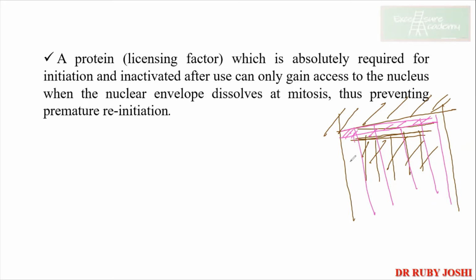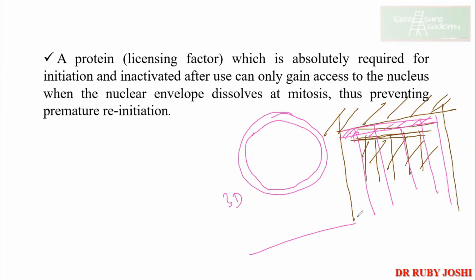तो same चीज, if I don't have lamins, what will happen to the nucleus? It's a 3D structure. If I don't have lamins all over around the nucleus, what will happen? This will become flat. वो एक दूसरे में चिपक जाएगा.